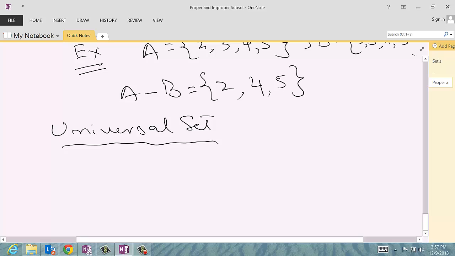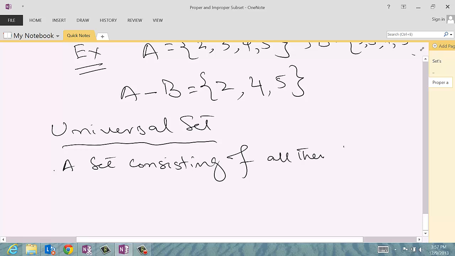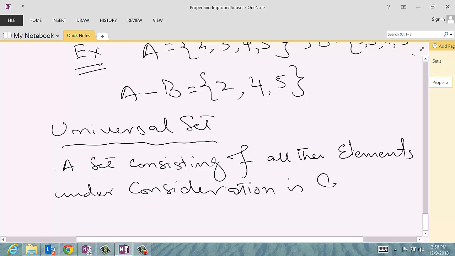A set consisting of all the elements under consideration is called the universal set.